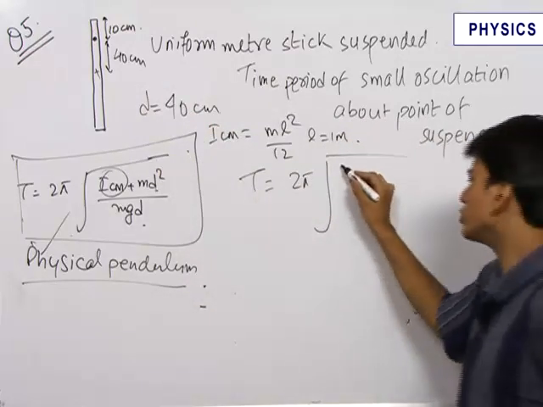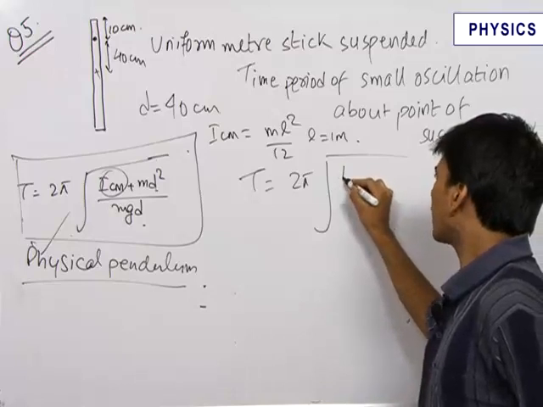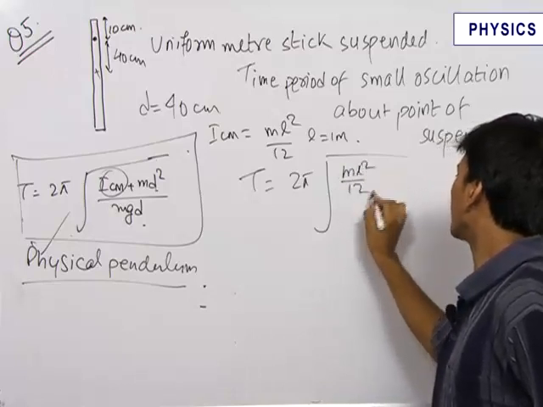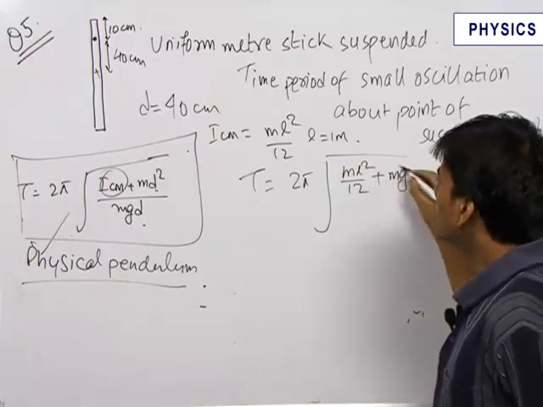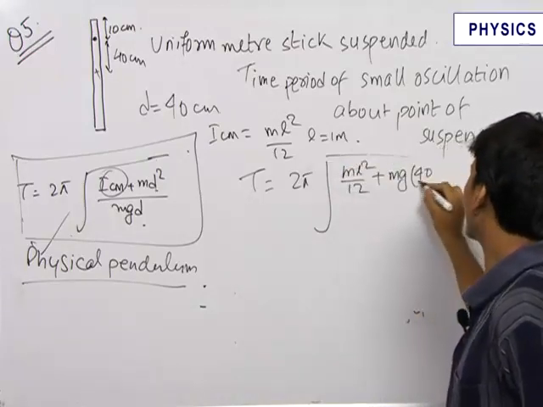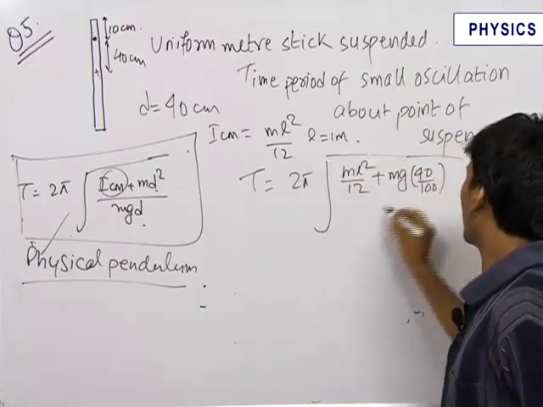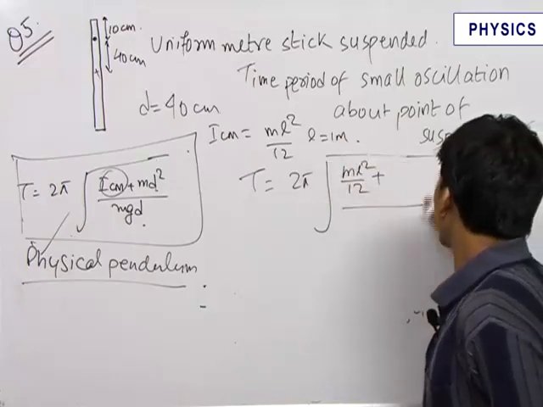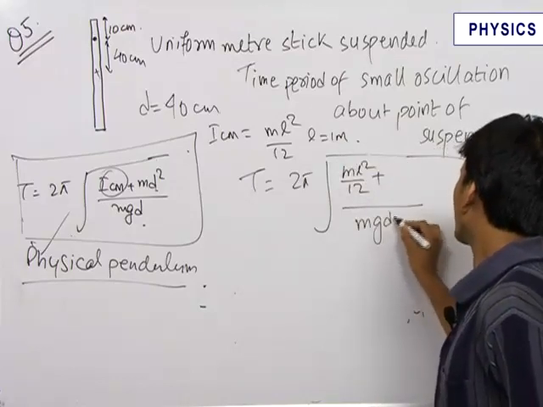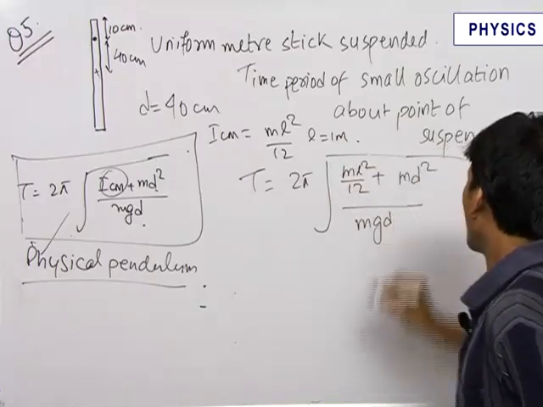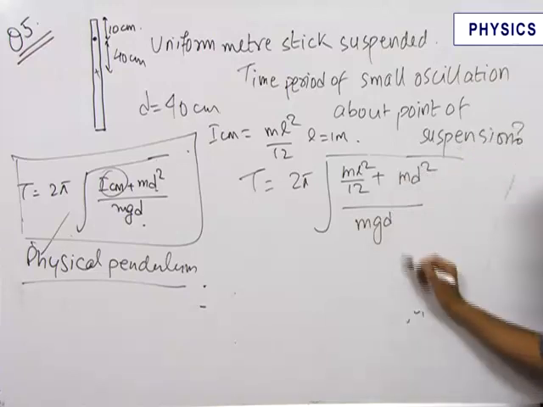So we feed in the values here, 2 pi root over ml square by 12 plus md square, upon mgd.